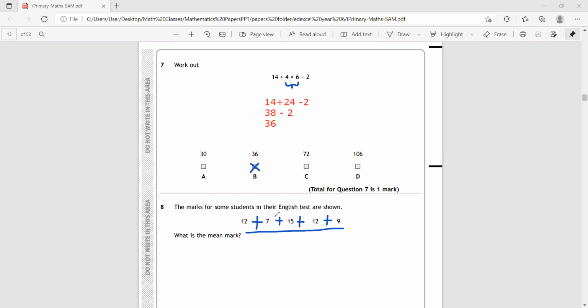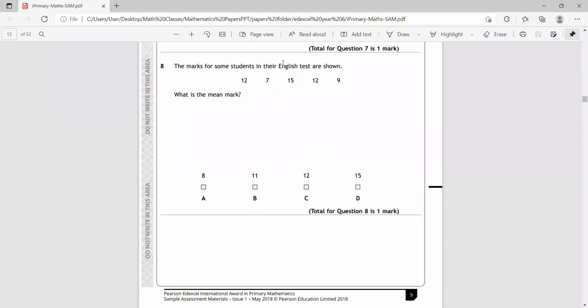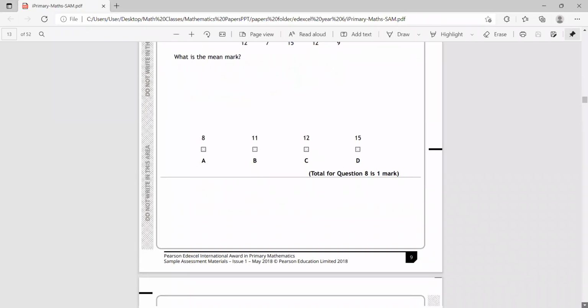I have 1, 2, 3, 4, 5, so I'm going to divide by 5. 12 plus 7 is 19, 19 plus 15 is 34, 34 plus 12 is 46, then 46 plus 9 is 55. When I divide 55 by 5, I'm getting the mean as 11. So the answer should be 11, which means the B answer.